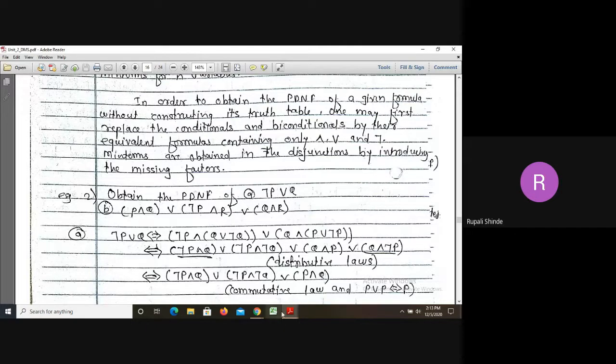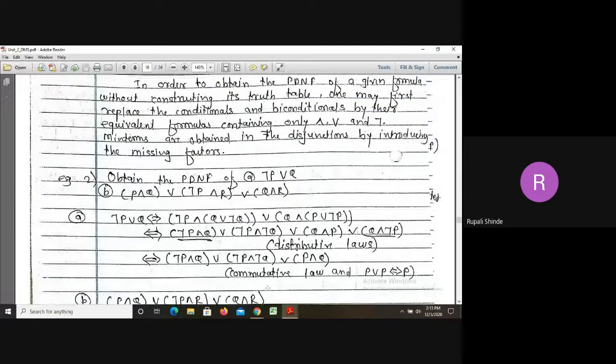Again check whether there is any repetition of a term. Negation P and Q is repeated, so we have to consider it once. So negation P and Q, or negation P and negation Q, or P and Q.